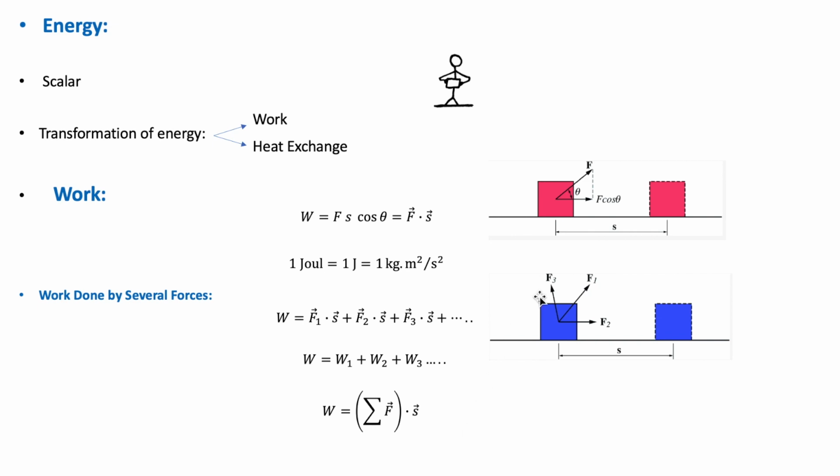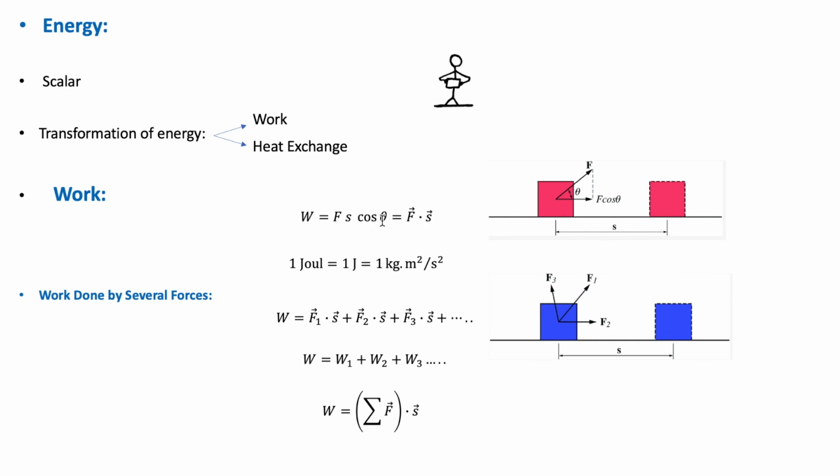Now consider an object exposed to a constant force. If the object is displaced through a displacement S, then the work done on the object is a scalar quantity defined as Fs cosine theta, and this is the dot product between the two vectors, the force and displacement.